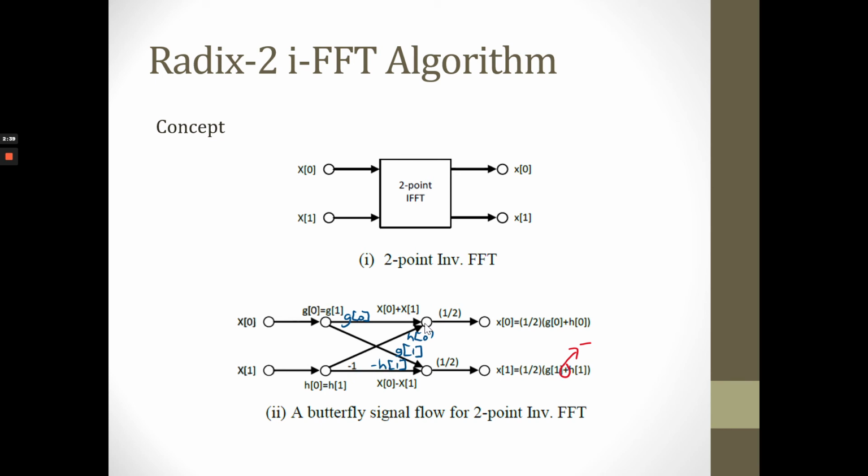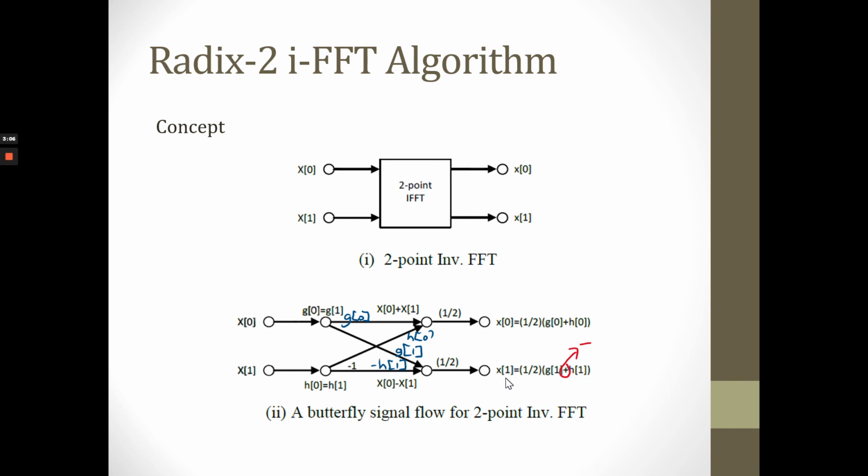And at this point, this is the summation point, so g0 plus h0 multiplied with 1 over 2. So x0, this is xn, is equal to 1 over 2 multiplied with the summation function g0 plus h0. Okay, so this is the equation.